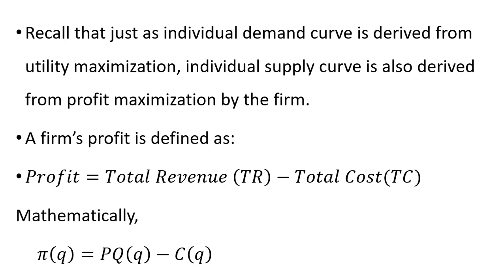A firm's profit can be defined as total revenue minus total cost, and the total revenue of a firm is the price an item is sold times the quantity produced and sold.